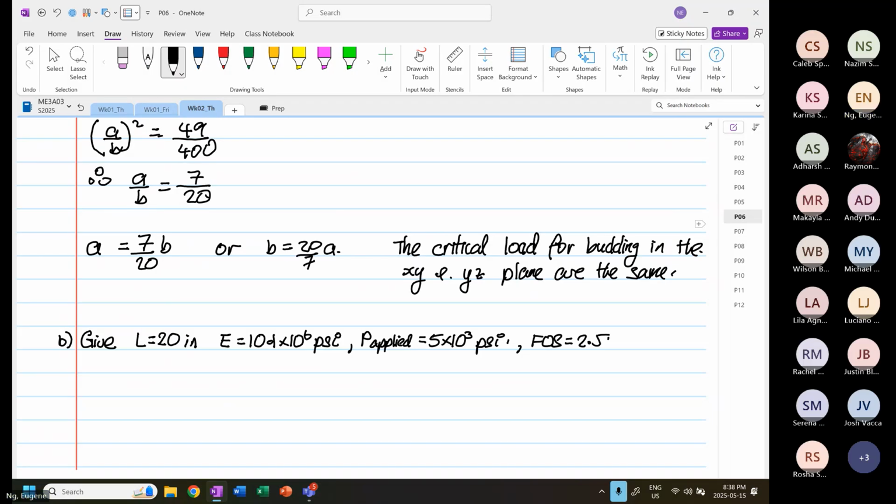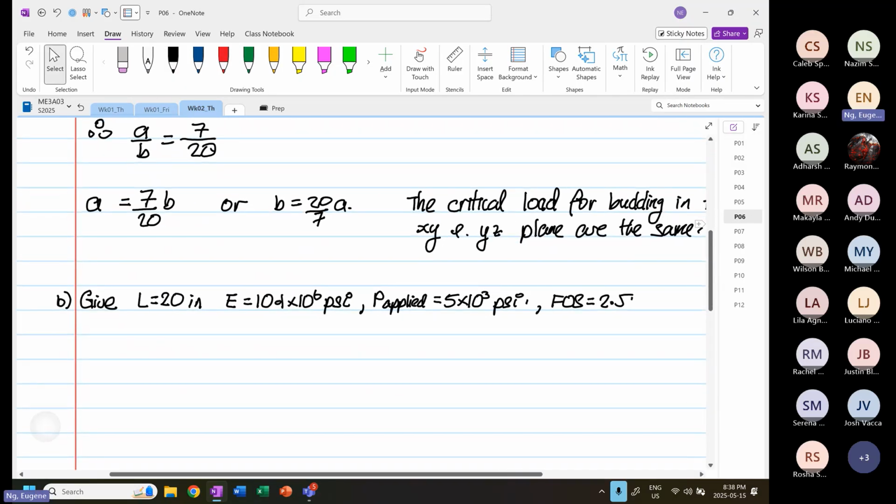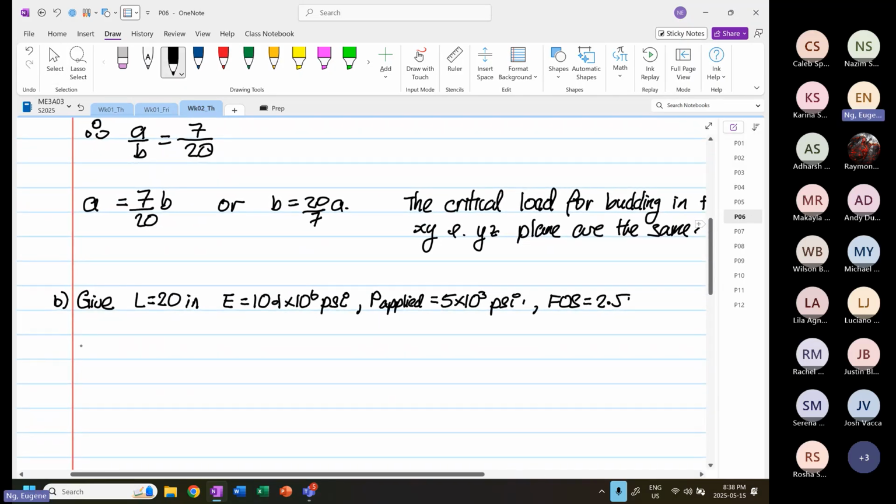Now we start putting in numbers. What we are trying to find is A and B, given the properties that are given to us. We know that the factor of safety is equal to P critical over P applied.